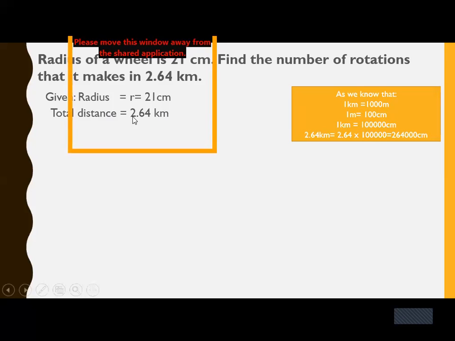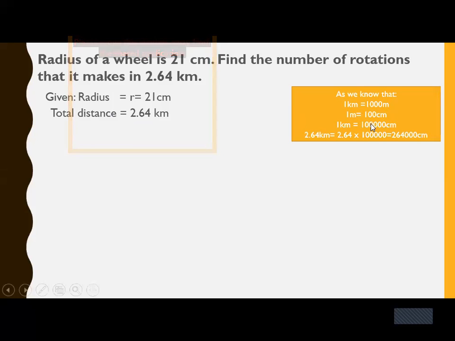Now if we want to convert 2.64 kilometers into centimeters, we have to multiply it by 1 lakh centimeters.